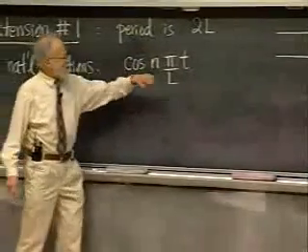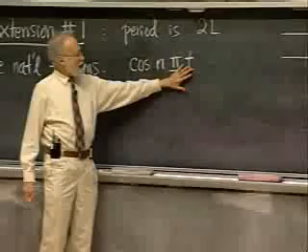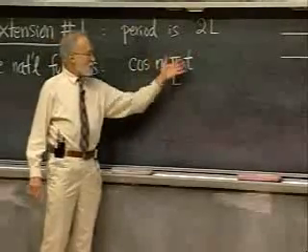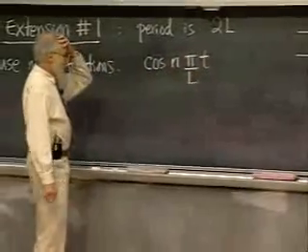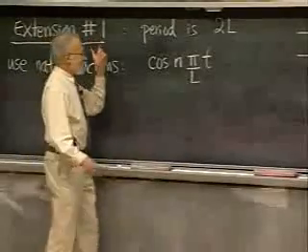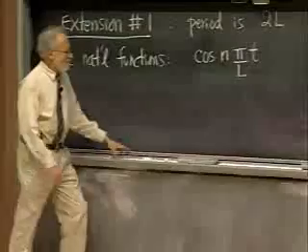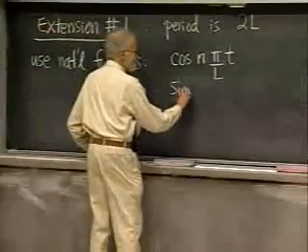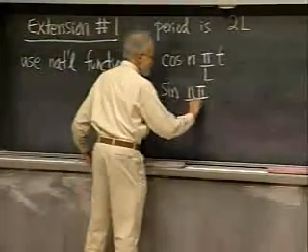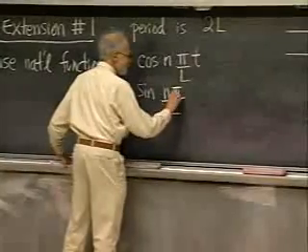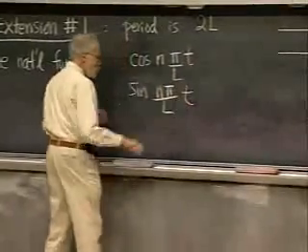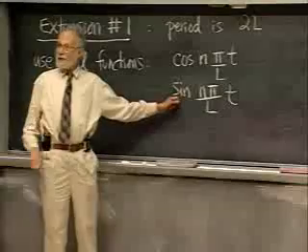So if t is equal to L, where is this function? We want, what am I trying to say? That's the function. This one's probably a little easier to see. Where is this one 0?